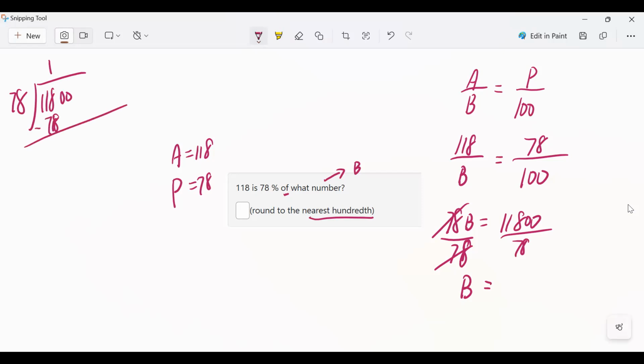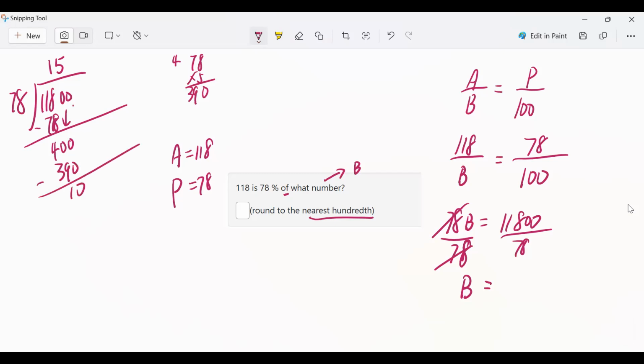The remainder 40. Right? Bring down the zero. And 78 going into 400, because 78 times 5 is 390.